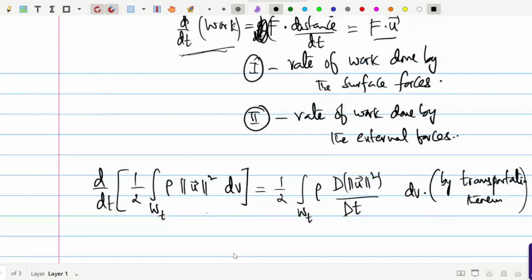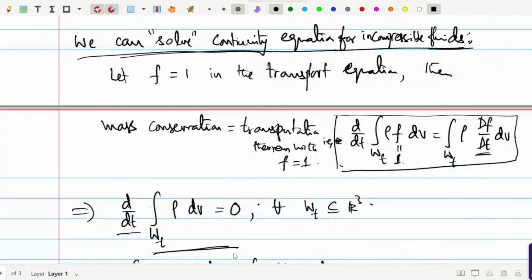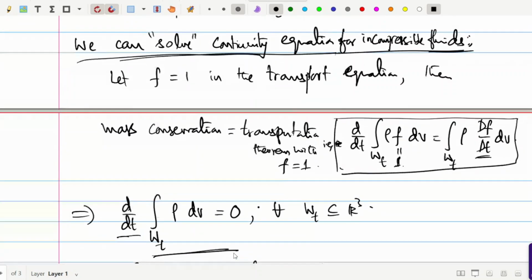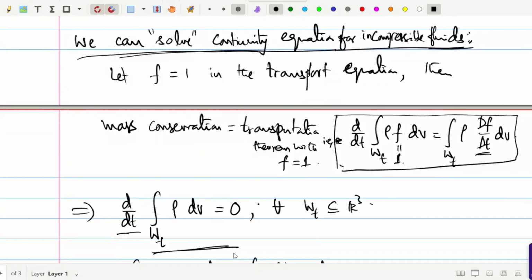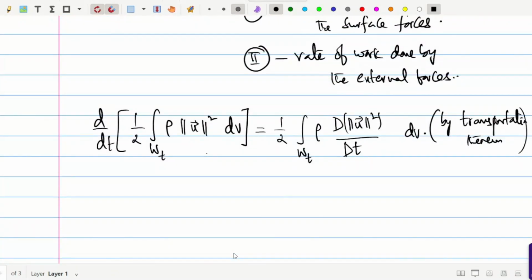We wrote it somewhere just now. Yes, this is exactly what we used, the same thing we used here.